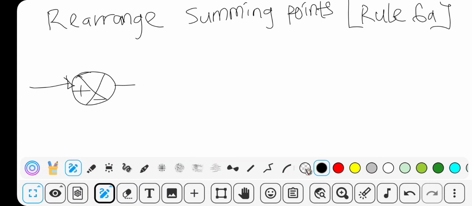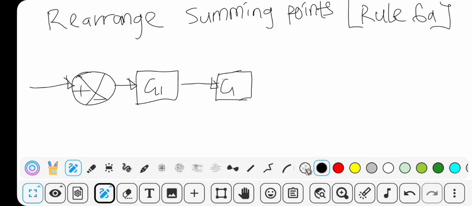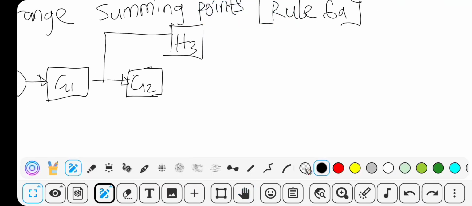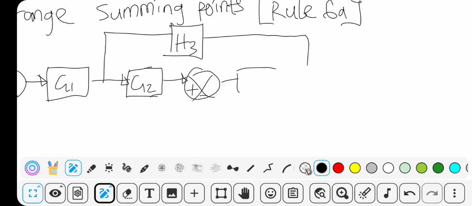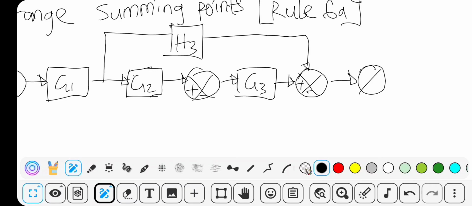Plus minus, G1, G2, H3, plus minus, G3, plus minus. So now we have moved it.